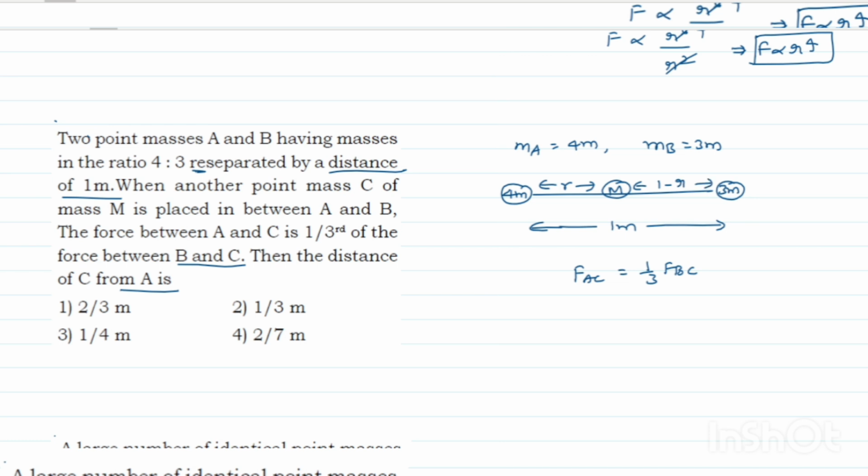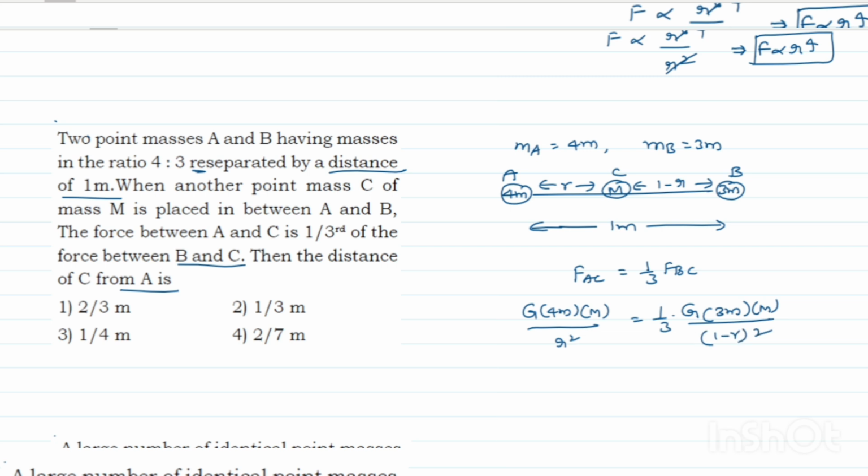The force of attraction between A and C will be equal to 1/3 of the force between B and C. Taking A, B and the C mass, FAC will be G into 4m into capital M by r square, which will be equal to 1 by 3 into G into 3m into capital M by 1 minus r whole square.